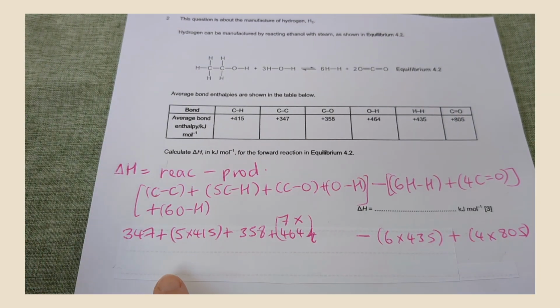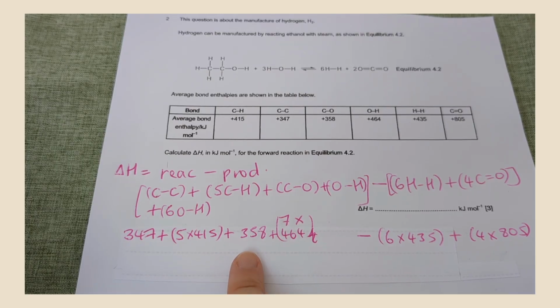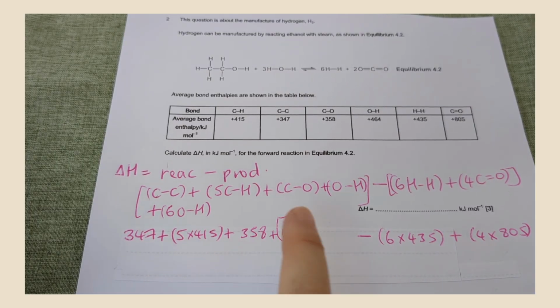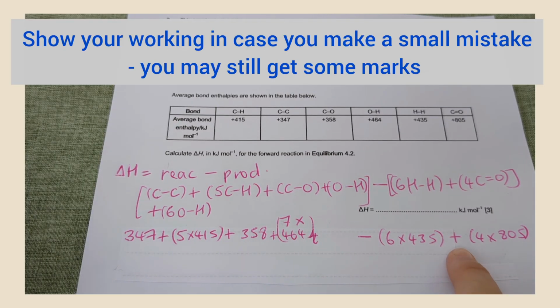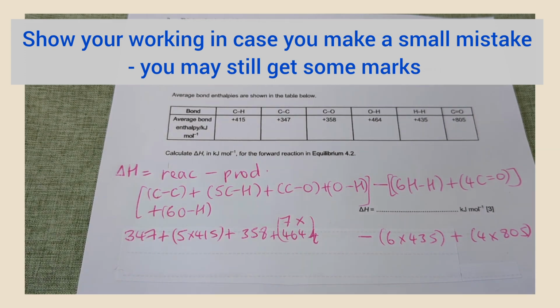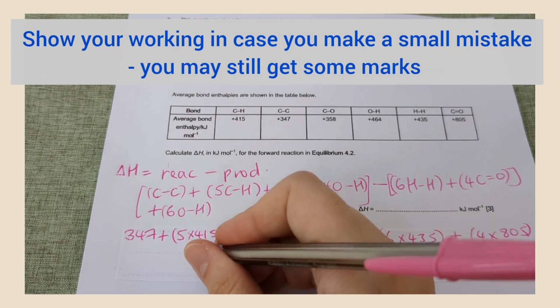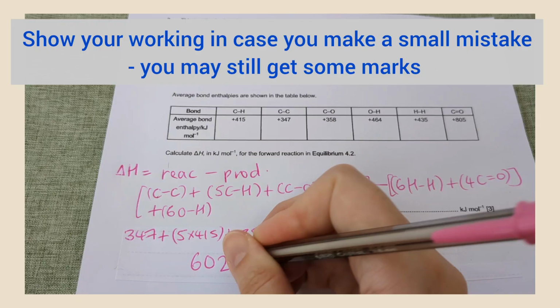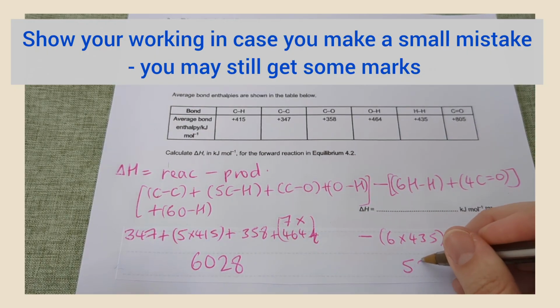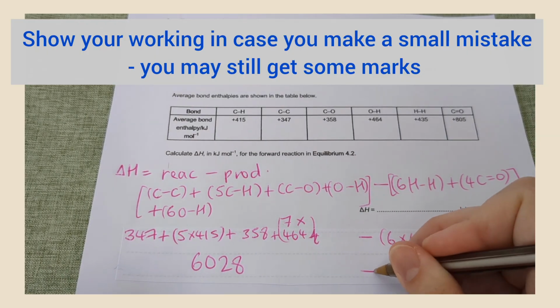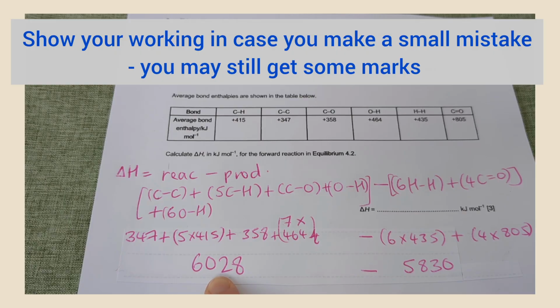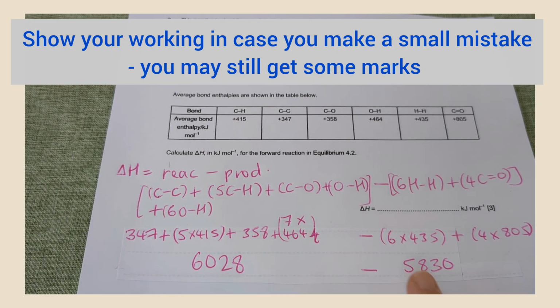And now let's pop our numbers in. I'm going to work out the total for the reactant bonds being broken first, and then the total for the product bonds being formed, and then I will subtract them. So we've got the total of the reactant bonds being broken and the total for the product bonds being formed.